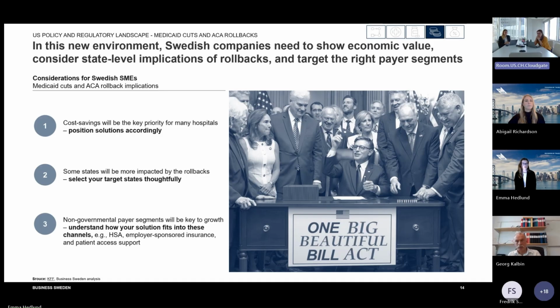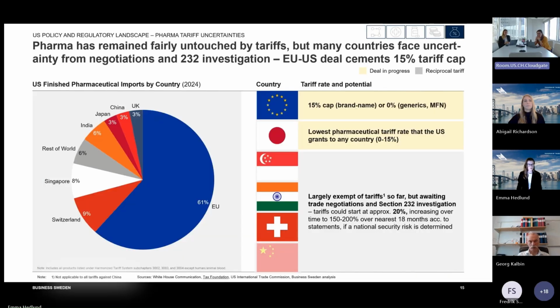Yes, and then if we want to move forward, looking at the last item here, what the new administration is setting up, which are the pharma tariffs, which have been in the works. The industry had been fairly untouched over the years by tariffs.